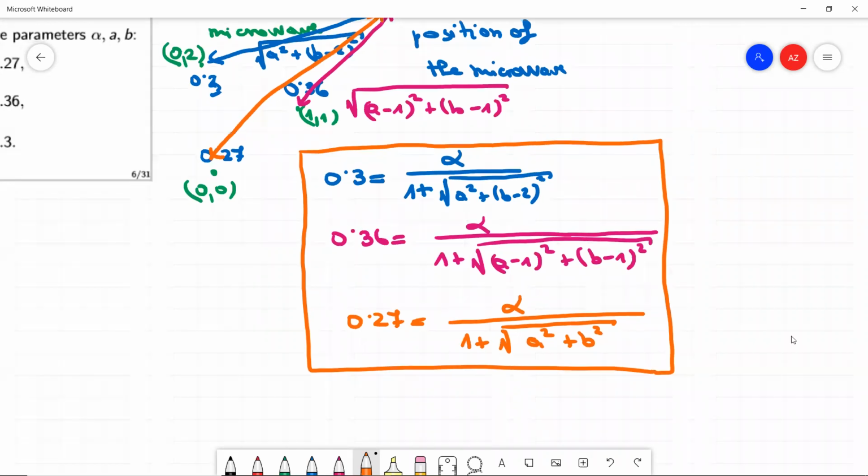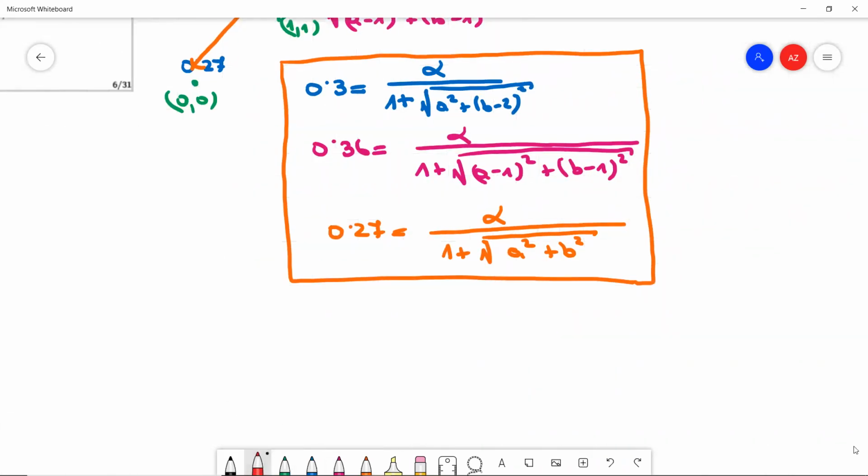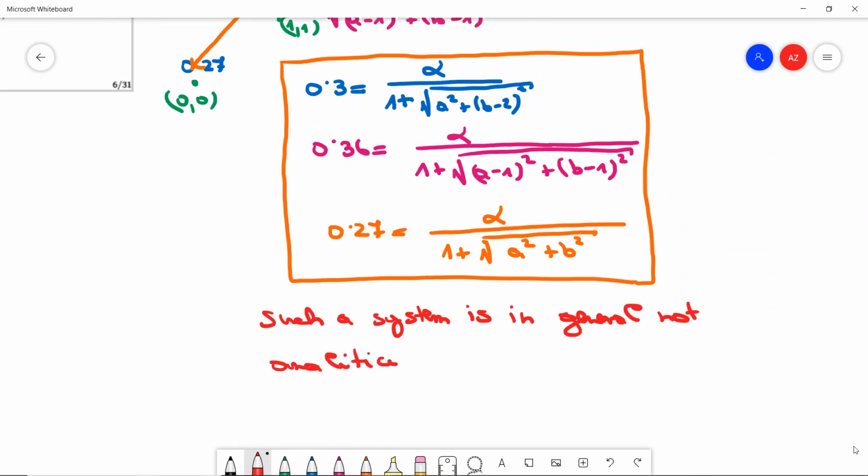And so let's stress this. Such a system is in general not analytically solvable. What does analytically mean?